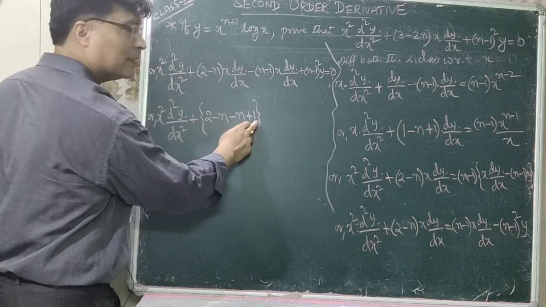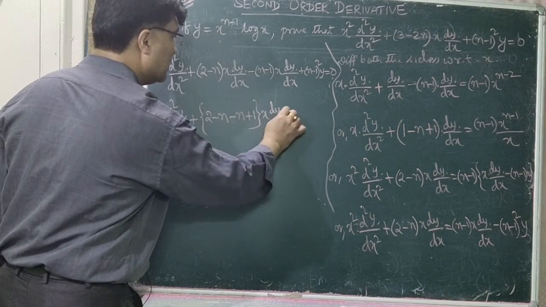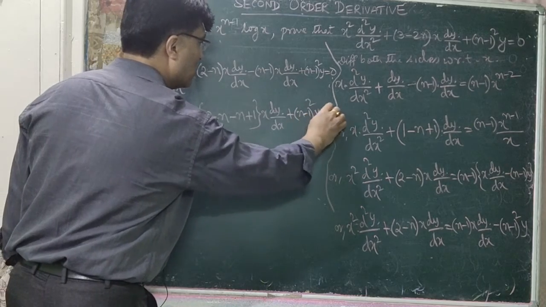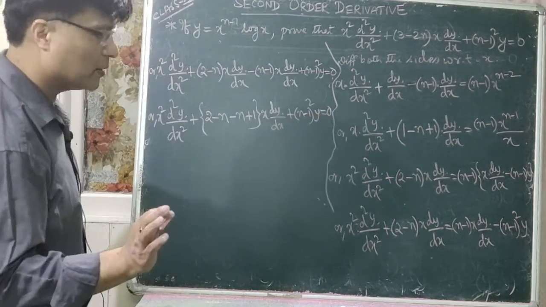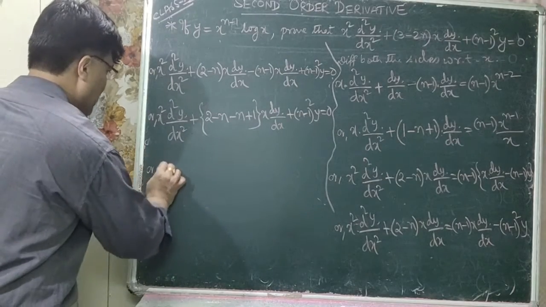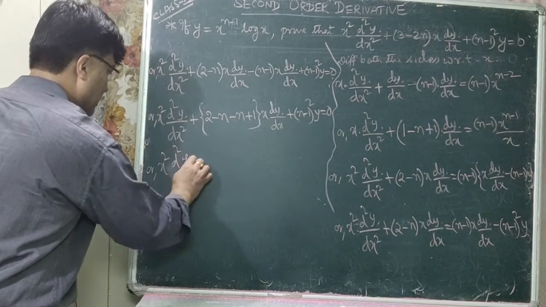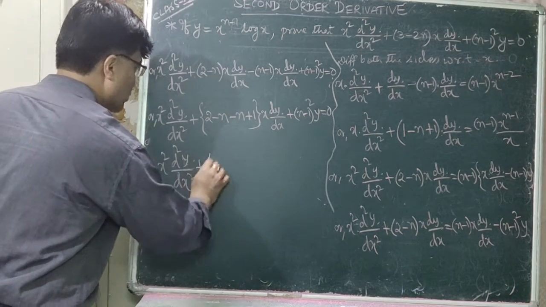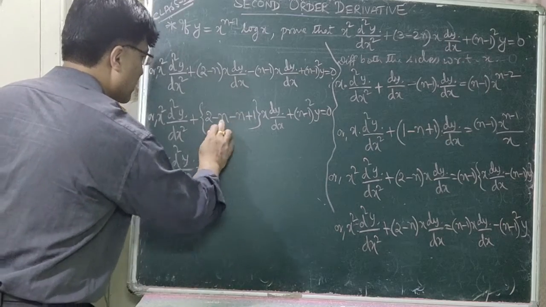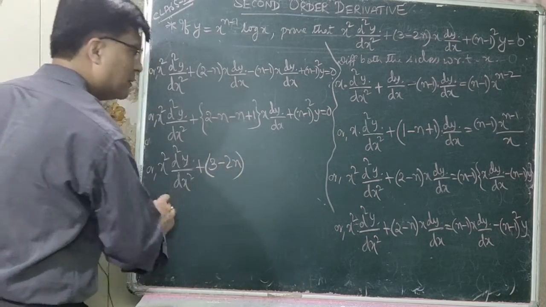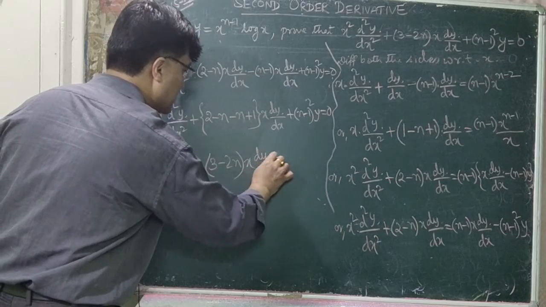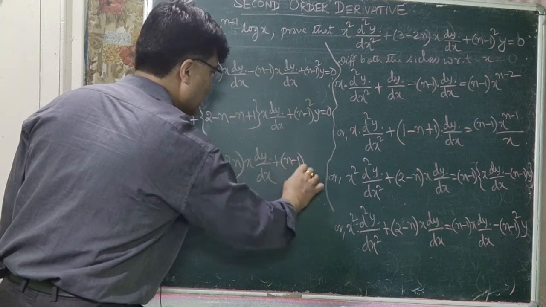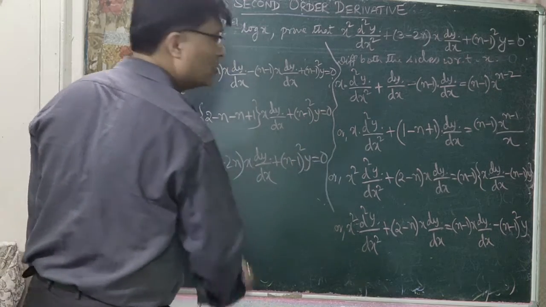Then write x dy by dx plus n minus 1 whole square y, which is equal to 0. Is that clear? Next, x square d2y by dx square, this is your y, plus within bracket 2 plus 1 is 3, minus 2n into x dy by dx plus n minus 1 whole square y, which is equal to 0.